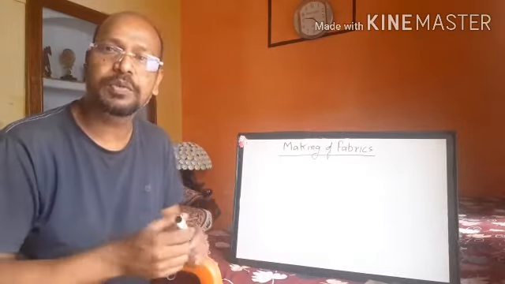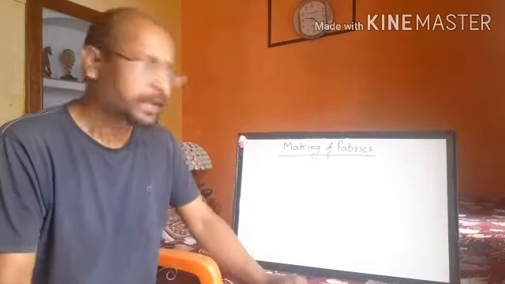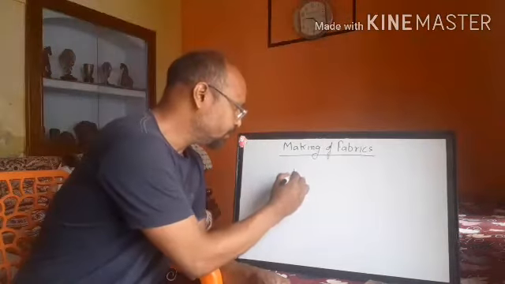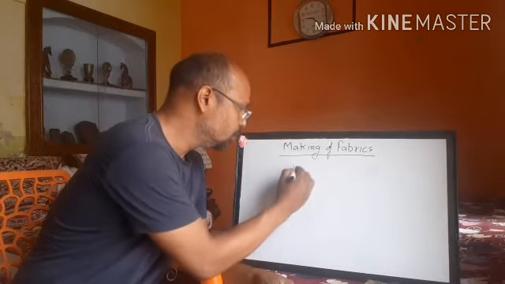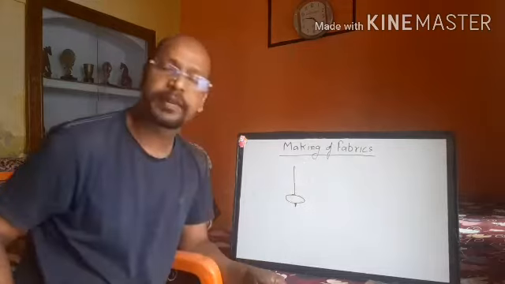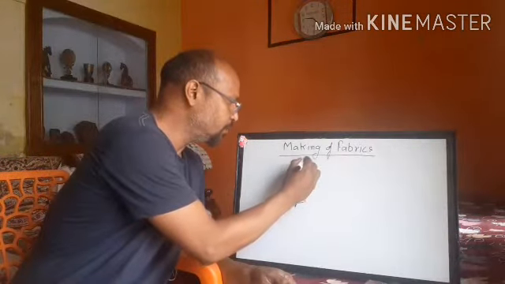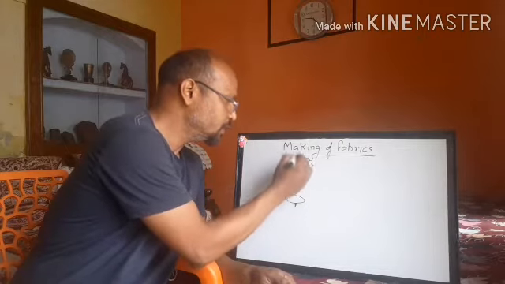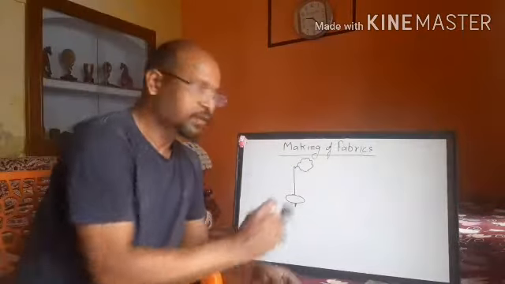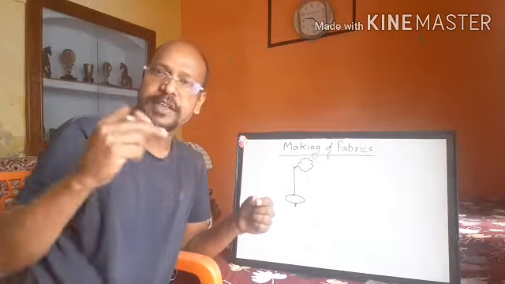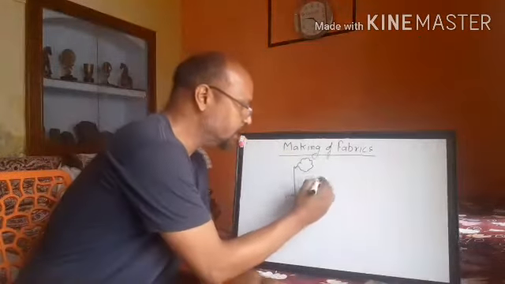A spinning tool is also available on a small scale. It looks like this. Here we fasten the lump of fibers to it, and when it rotates, the fiber starts to turn and is converted into yarn like that.